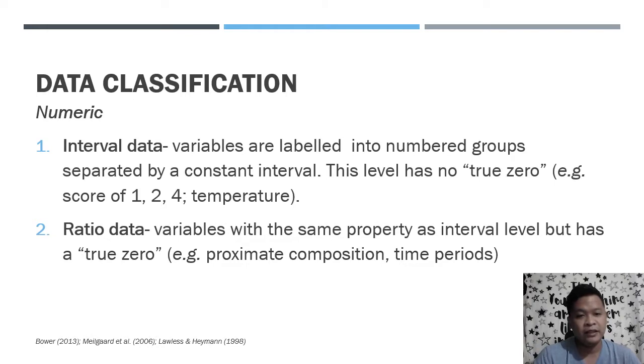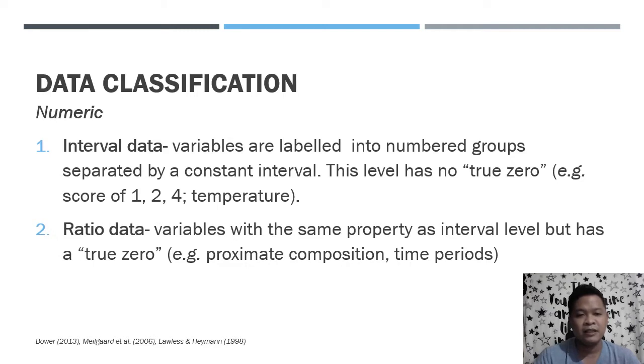Numeric data can exist either as interval or ratio data, as we have discussed before. And even though both of these can exist as continuous information, the difference is in having a true zero. Interval data deals with those that don't necessarily have a true zero, such as temperature in Celsius.